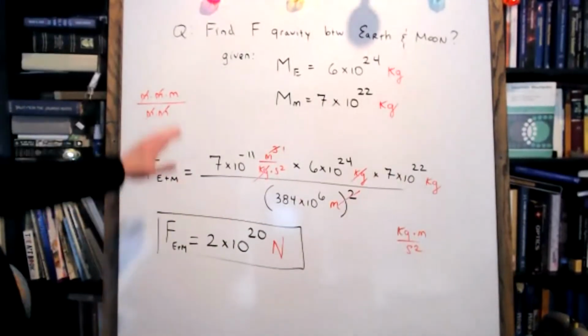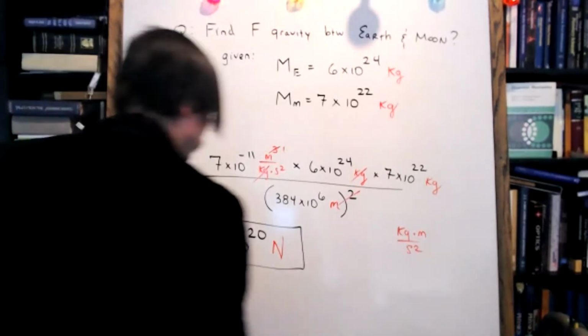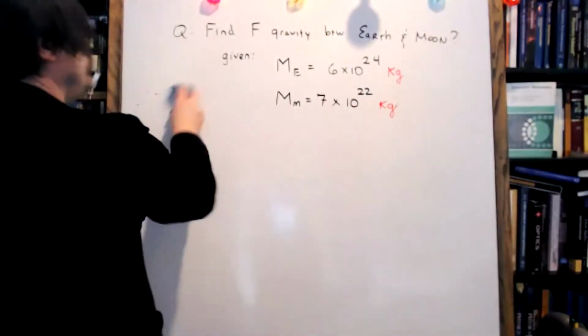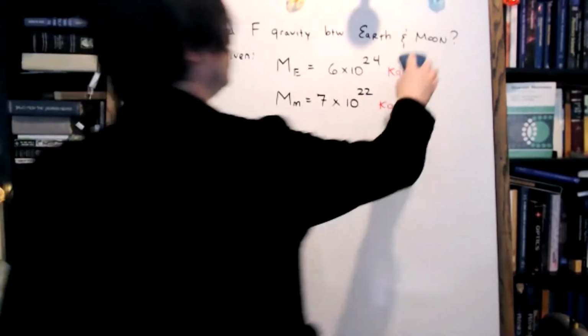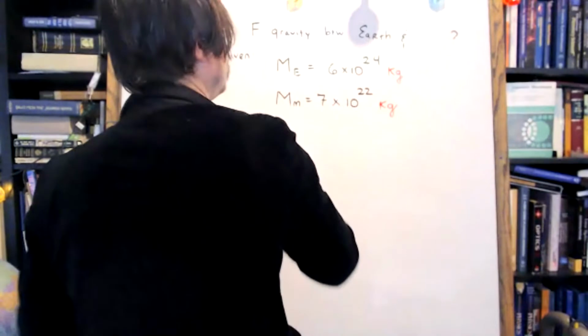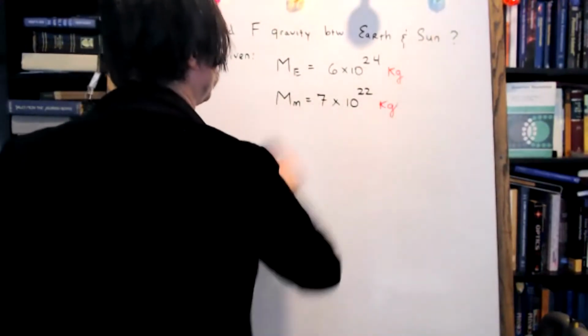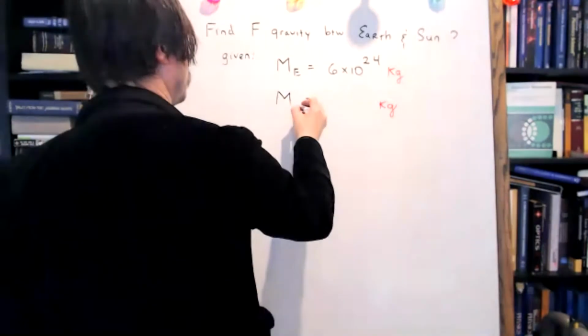I'm going to erase. Do you have it all? Here it goes. All right. New question. Calculate the force of gravity between the Earth and the sun. Given the mass of Earth is still 6 times 10 to the 24 kilograms.